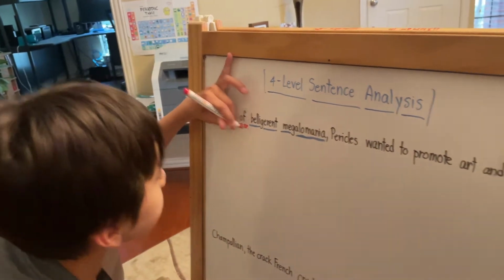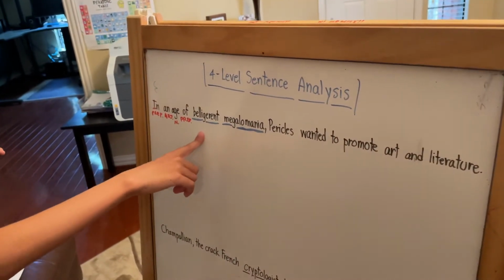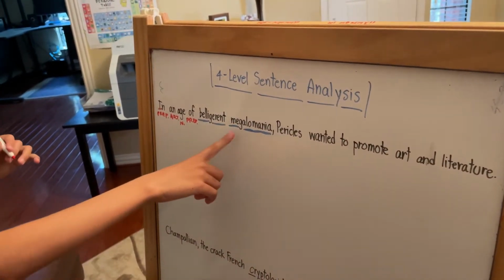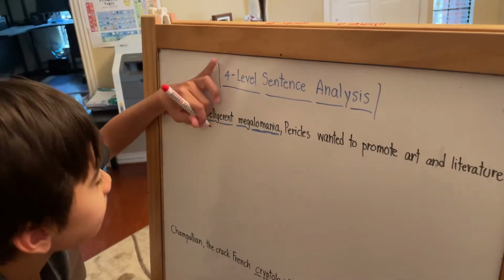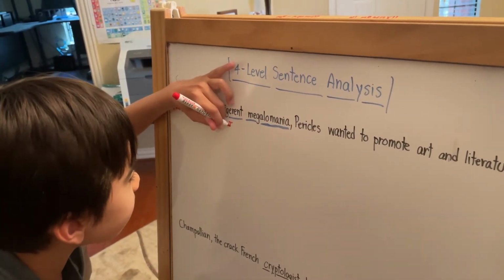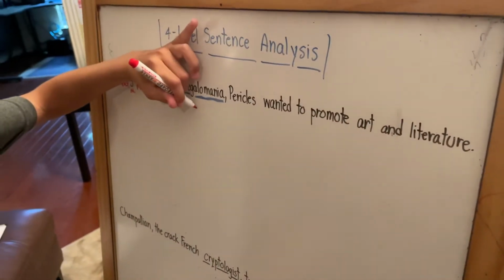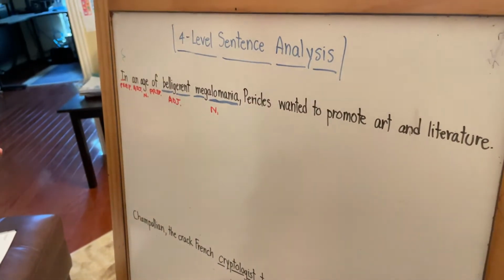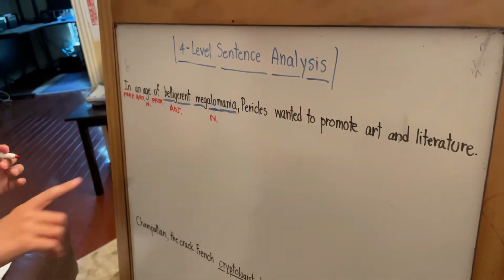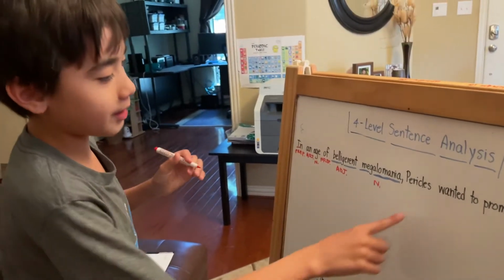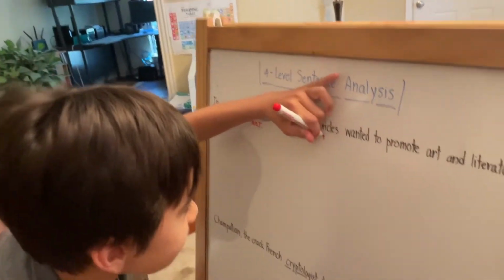Okay. Now, belligerent is an adjective because megalomania is what it's modifying. And megalomania is a noun because it's being described by belligerent. Okay. Pericles is a noun because a noun is a person, place, or thing, and Pericles is a person. So that's why it's a noun.